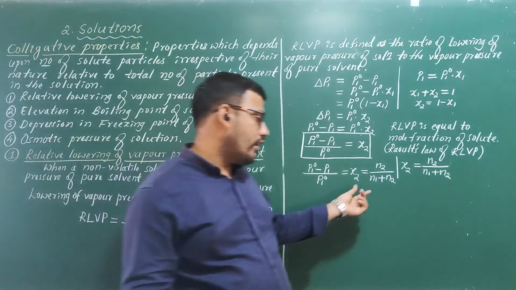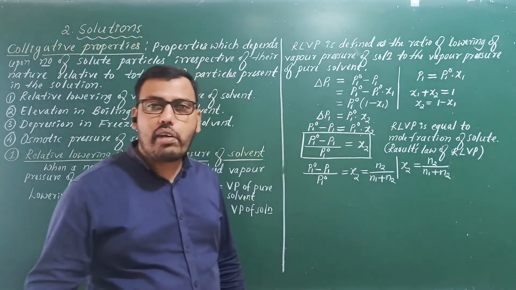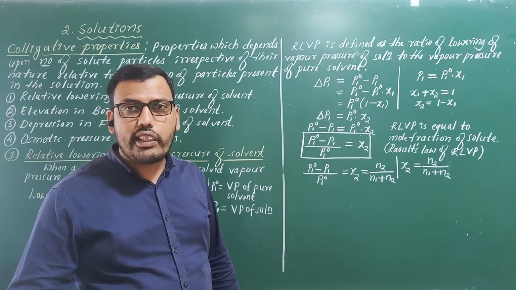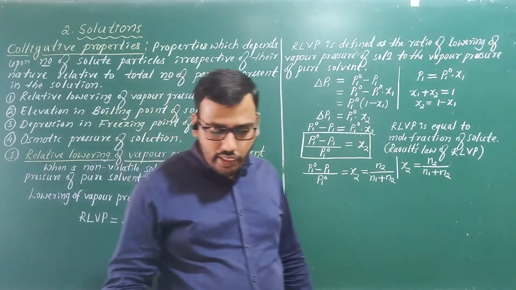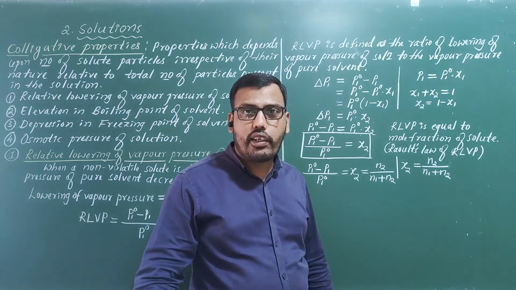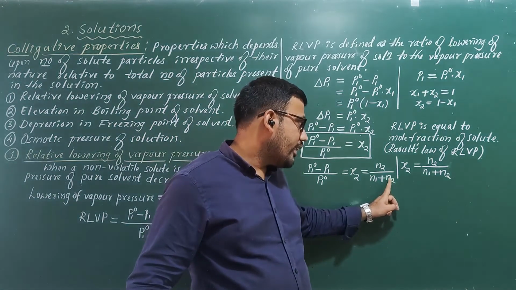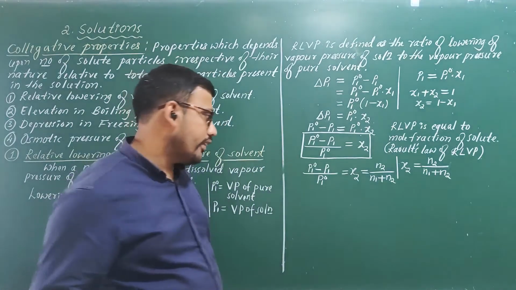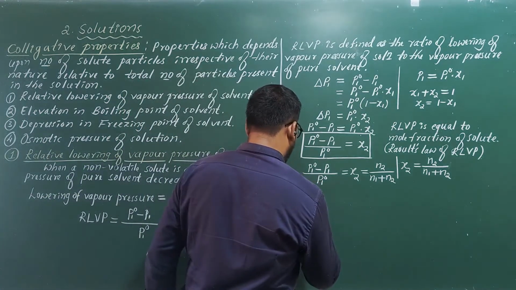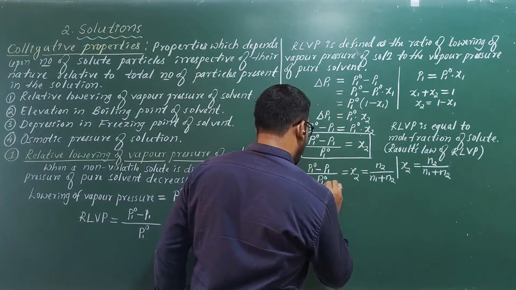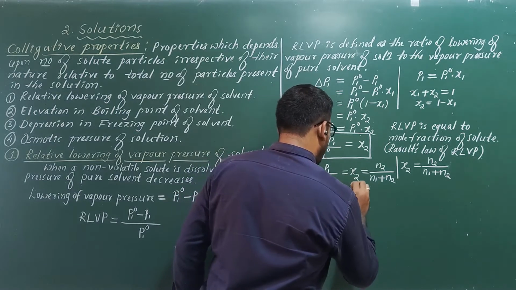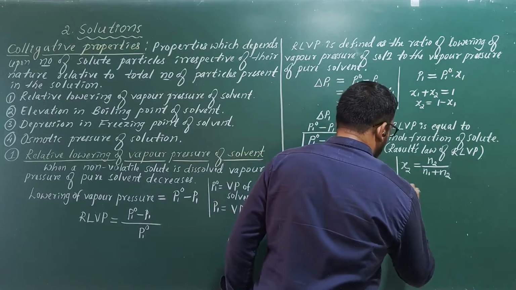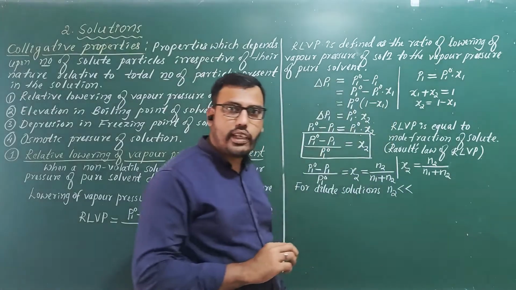For a dilute solution, the number of moles of solute is very small. So N2 is very much smaller than N1. Hence, N2 is neglected in the denominator for dilute solutions. What are dilute solutions?